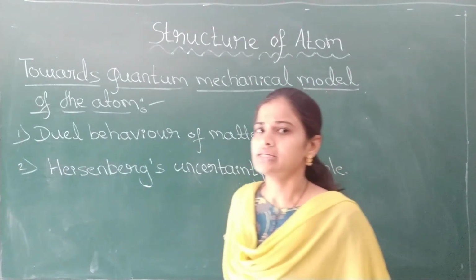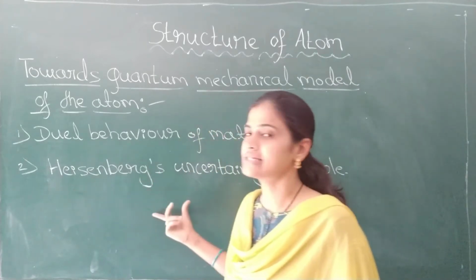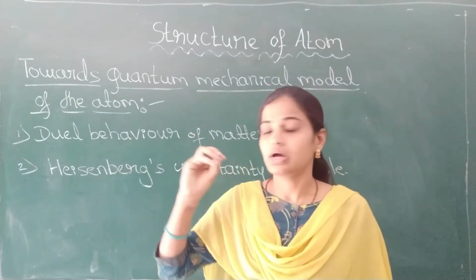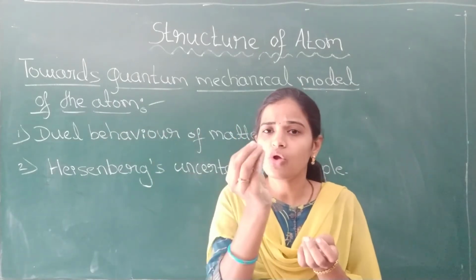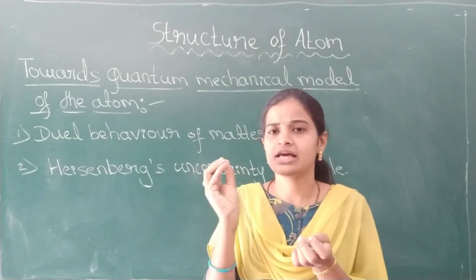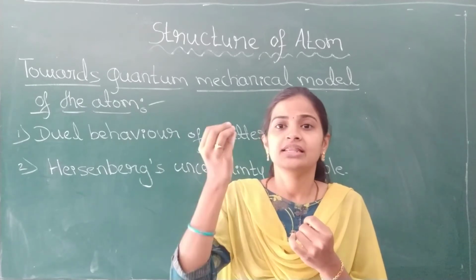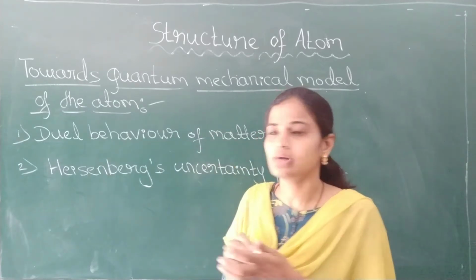But scientists de Broglie as well as Heisenberg told that electrons are not only particles revolving continuously around the nucleus. They behave as a wave as well as particle.